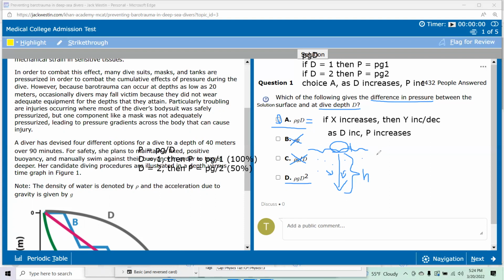And so for eliminating this one, you could do it, like I said, by going through the units, but that would be quite a lot of time spent. My philosophy for studying was, if I can prepare for it beforehand, then I don't want to do it on the test, right? So I can save myself time on the test going through all the units if I memorize the equation beforehand.